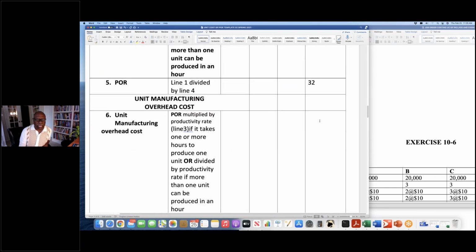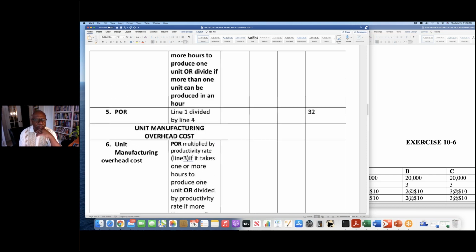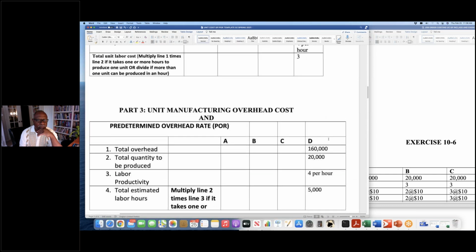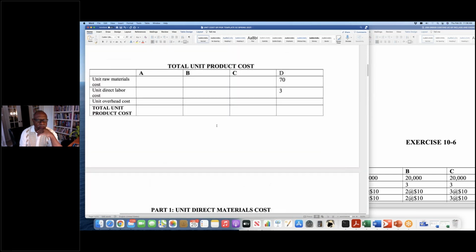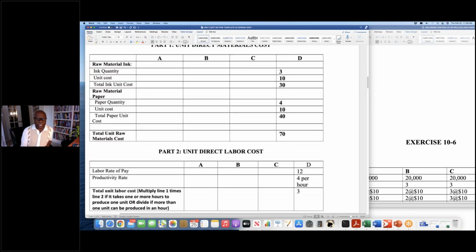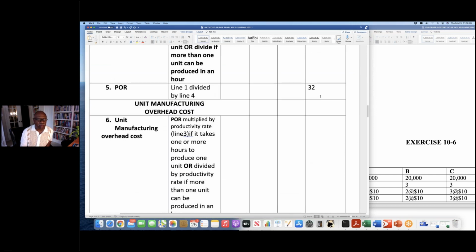Now I need my unit manufacturing cost. So I'm going to use this POR to calculate that unit manufacturing cost in terms of finishing out this chart for total product cost. I've got to get my overhead cost in here. This is 32.